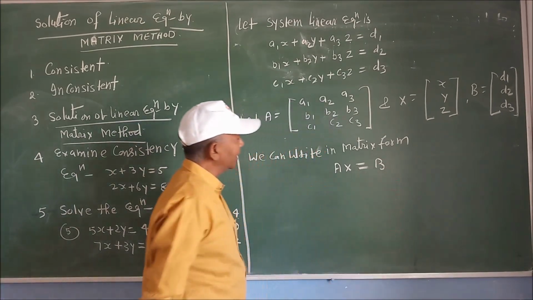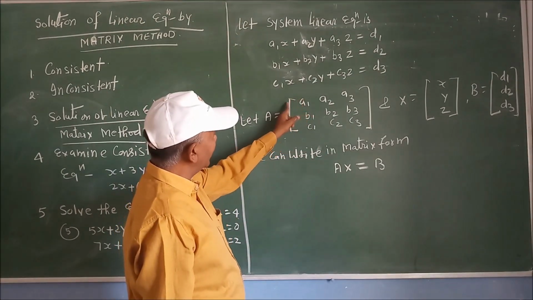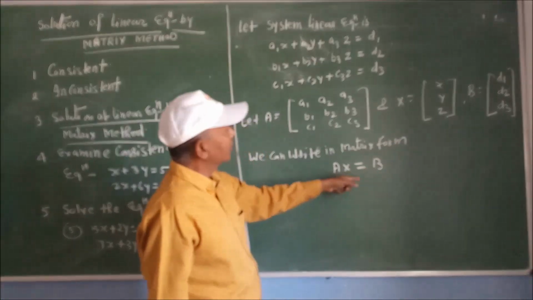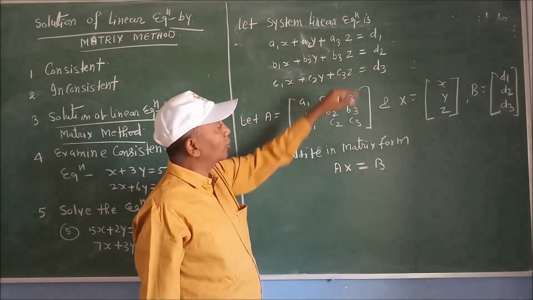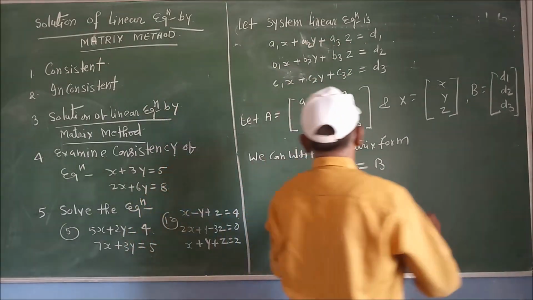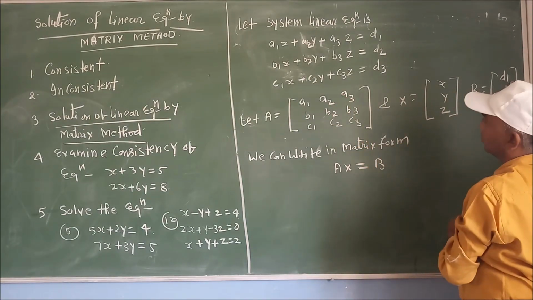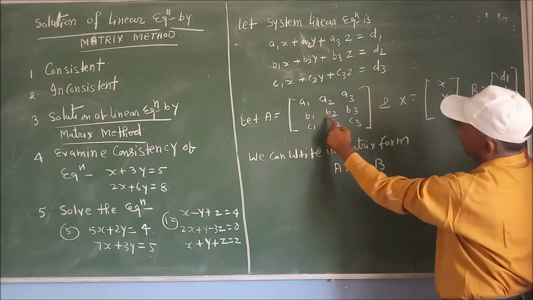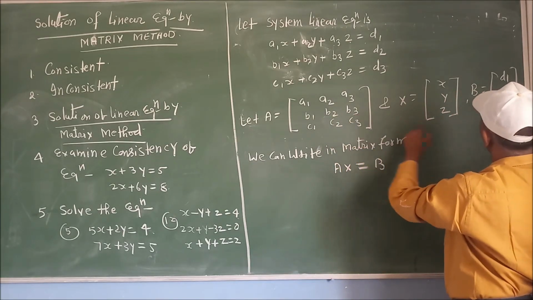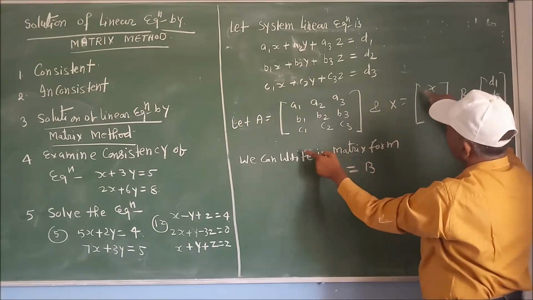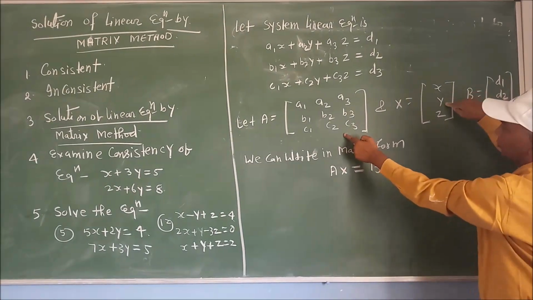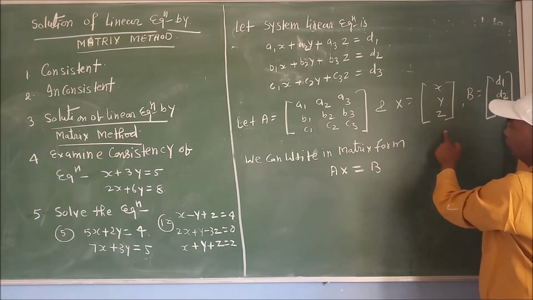So what is its meaning? If we multiply A to X, we will get B. So this equation will be obtained. How? Watch here. a1x plus a2y plus a3z is equal to d1, b1x plus b2y plus b3z is equal to d2, the second equation, and the third is c1x plus c2y plus c3z is equal to d3.